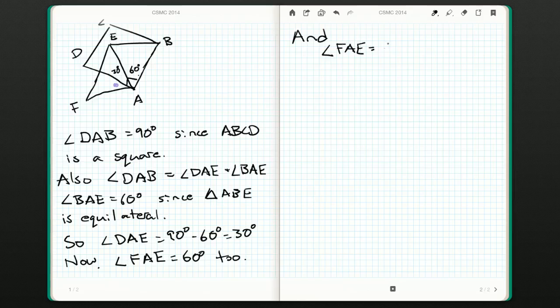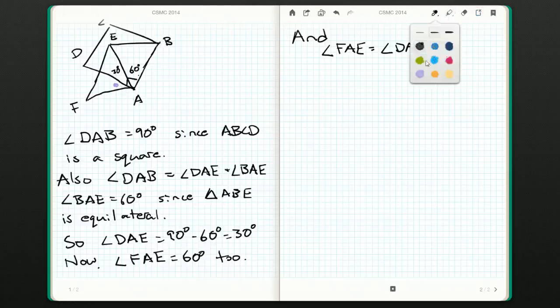So FAE splits right down the middle by the line AD. It contains the angle we just figured out and the angle that we want. We want angle DAF.